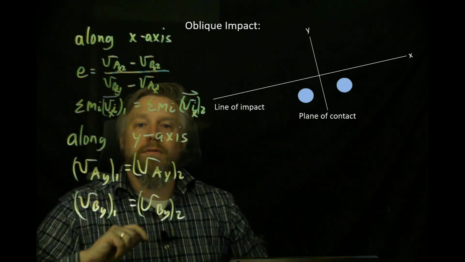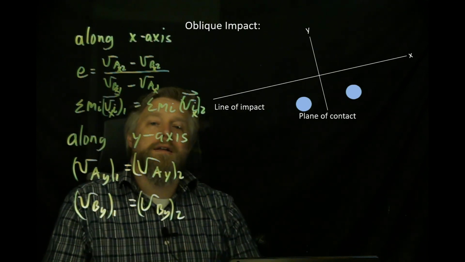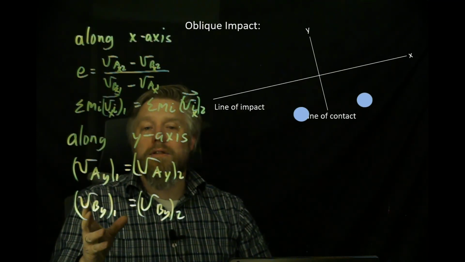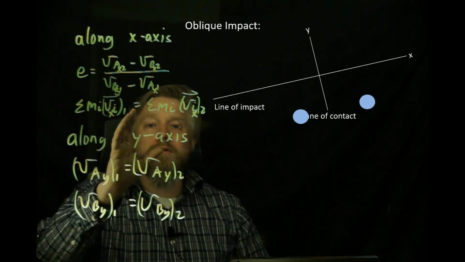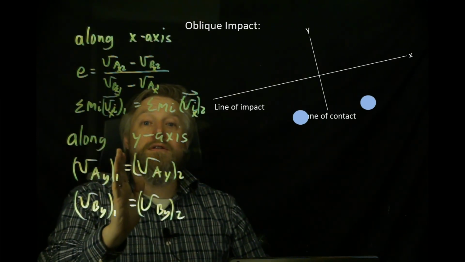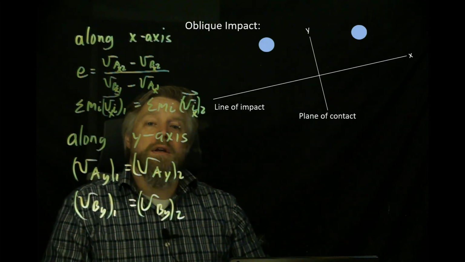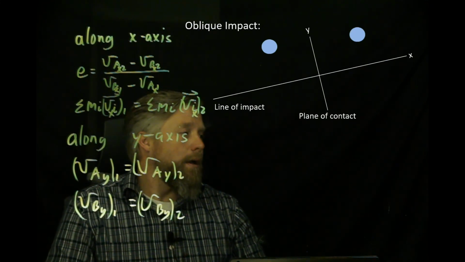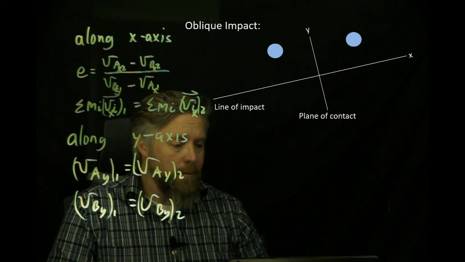Velocity is conserved because along that axis no impact is happening. You will often have to take a velocity that's known, tilt your coordinate system, and separate it out into its components so you know which of those is along the line of impact and which of those is perpendicular to it. And then you can solve oblique impact problems.